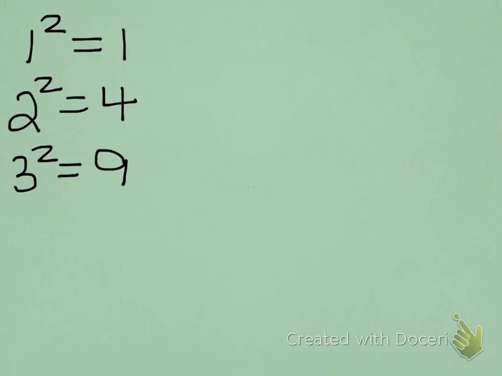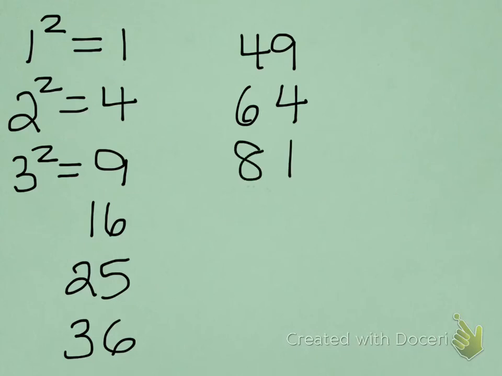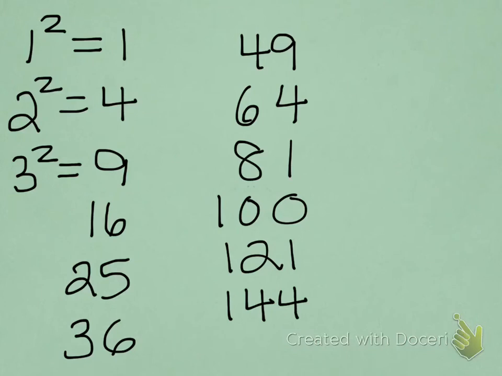Alright, 4 squared is 16, 5 squared is 25, 6 squared is 36, 7 squared is 49, 8 squared is 64, 9 squared is 81, 10 squared is 100, 11 squared is 121, 12 squared is 144.